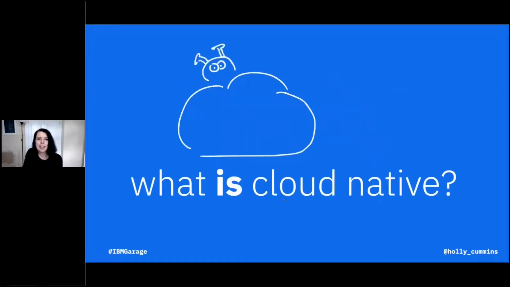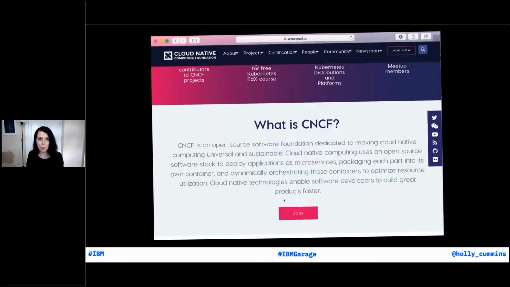So the title of this session is Cloud Native is about culture, not containers. And one of the things that makes it difficult to figure out what cloud native is, is that there are lots of different opinions about what cloud native means.